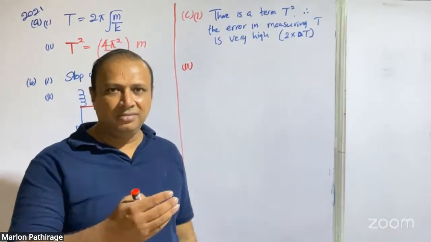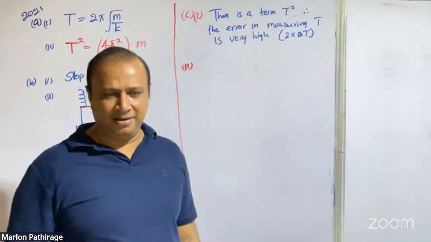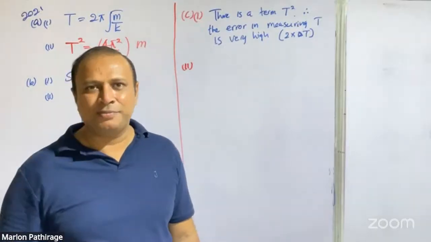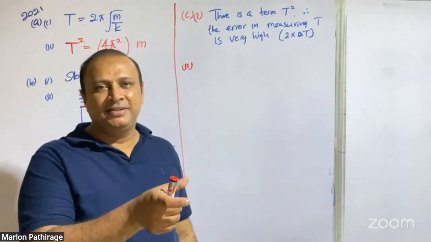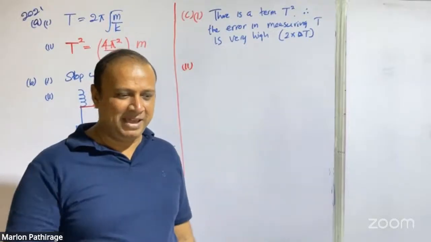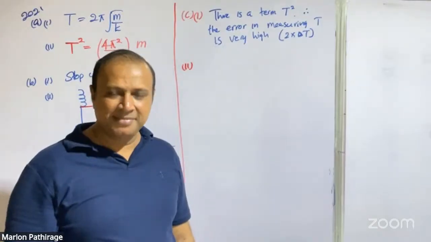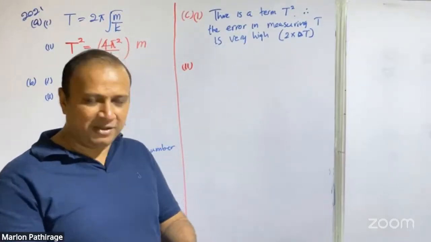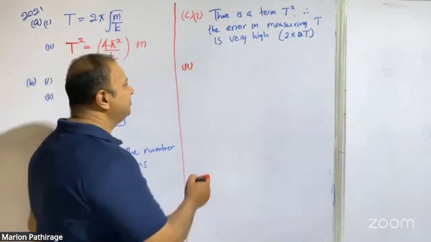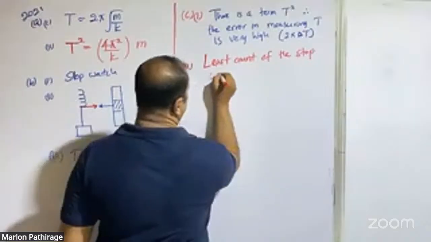Therefore, there are only two factors that influence the fractional error: one is the least count, the other is the measurement. So the property of the instrument that can affect the fractional error is the least count of the stopwatch.